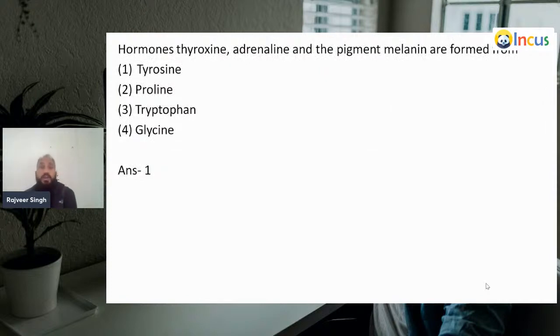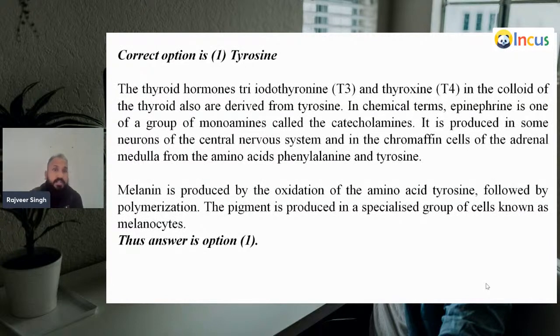Next one, the hormones thyroxine, adrenaline, and the pigment melanin are formed from what? Tyrosine, proline, tryptophan, glycine. Yes, tyrosine is the right answer, because the thyroid hormones triiodothyronine T3 and thyroxine T4 in the colloid of the thyroid are derived from tyrosine. In chemical terms, epinephrine is one of the group of monoamines called catecholamines.